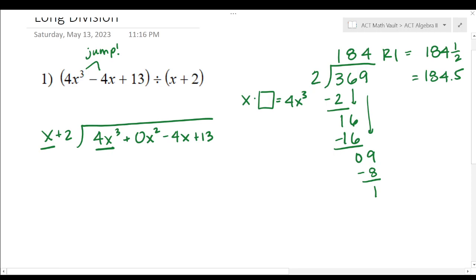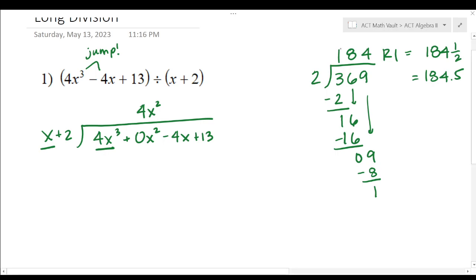I recommend that if students struggle with this, they actually write that out. Isn't that 4 and then 2 x's? So we are going to do 4x squared. But notice we want everything to be organized, so I'm putting the x squared term on top of the other x squared term, in that lane.